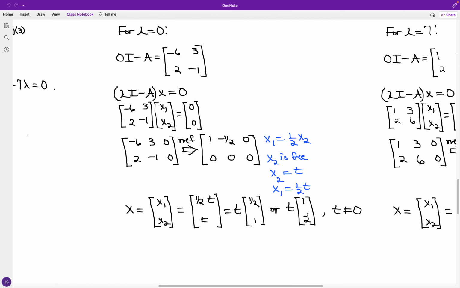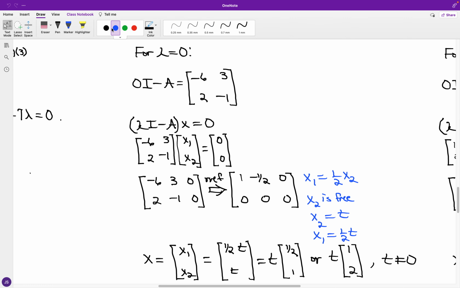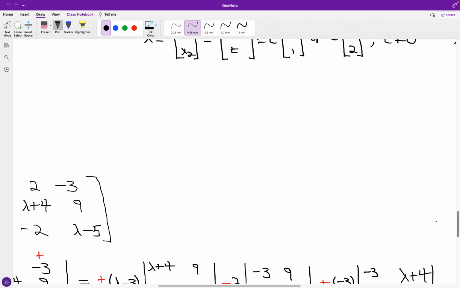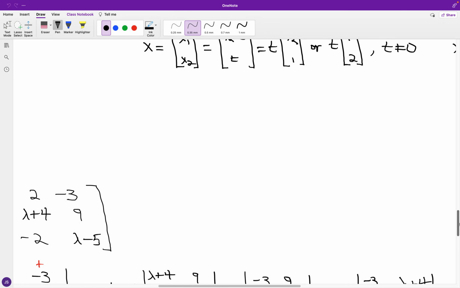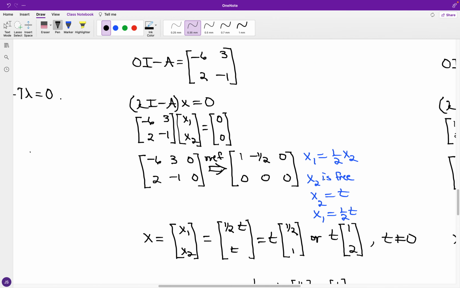I want to mention that for a basis, we can say we have 1 half, 1, or 1, 2. And this corresponds to the eigenvalue of 0.